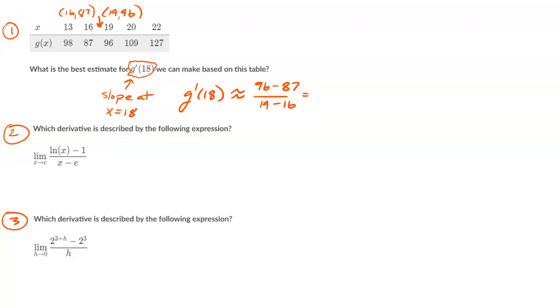That's 9 over 3. So the best estimate for g prime of 18 would be 3. Absolutely feel free to ask away if there's something up here that confuses you.